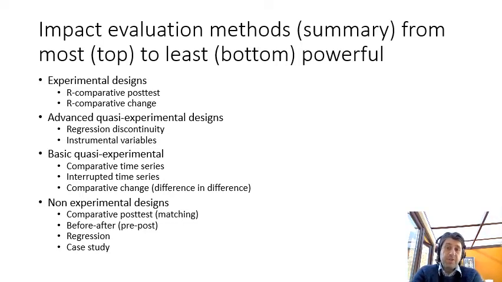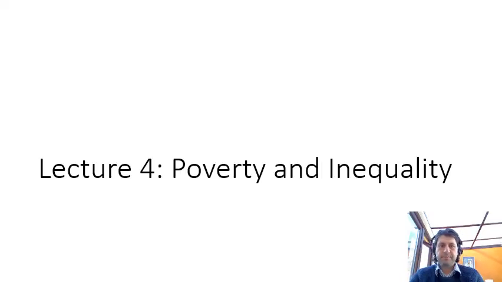And in the slides, we spent a lot of time talking about why experiments tend to be your best ways to establish causality. But even if you can't run an experiment, that still doesn't mean that you're not able to establish causality. You have these advanced quasi-experimental designs, basic quasi-experimental designs, and non-experimental designs. And I urge you to go back through and just understand what each of these.